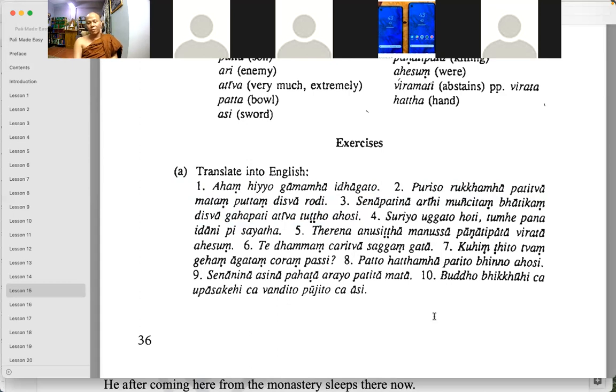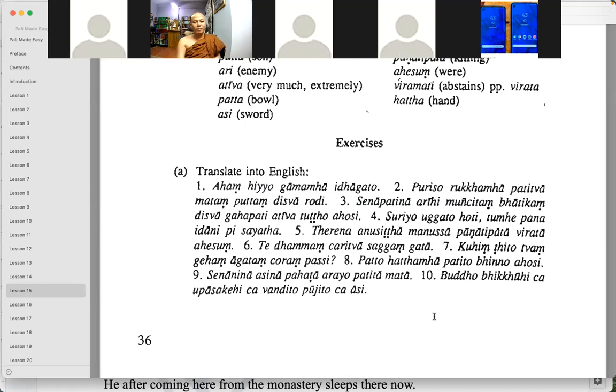Who will be the first to do the exercise? Sena Batina, Arihi Monjitan, Badikan, Desawa, Gahabadi, Adiwa, Dotor, Ahosi. Okay, Sally, let's see. Bante, I try.